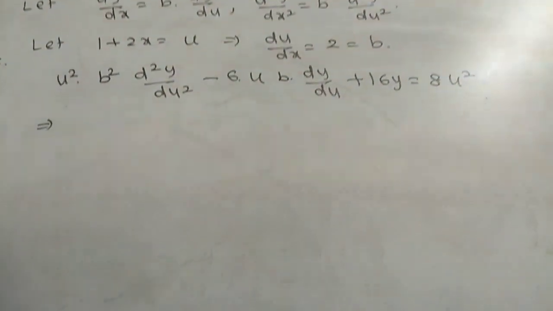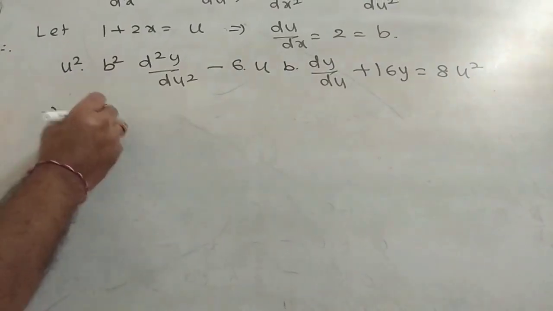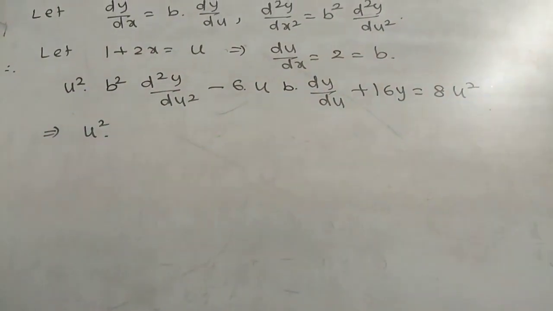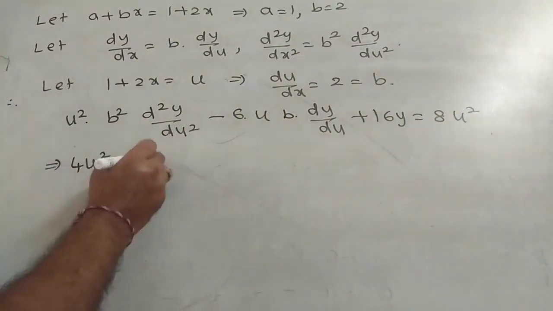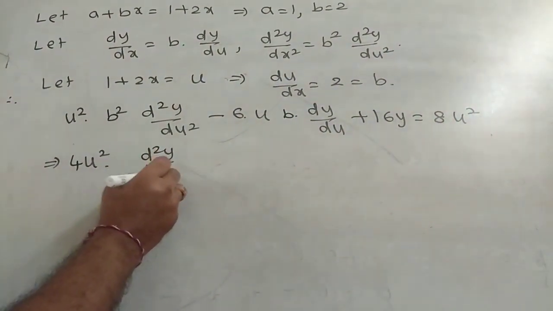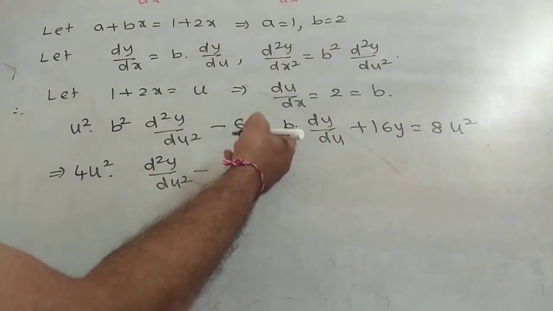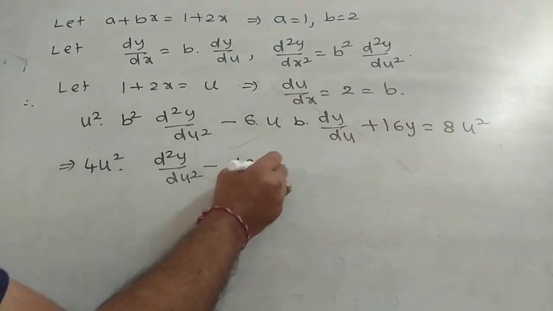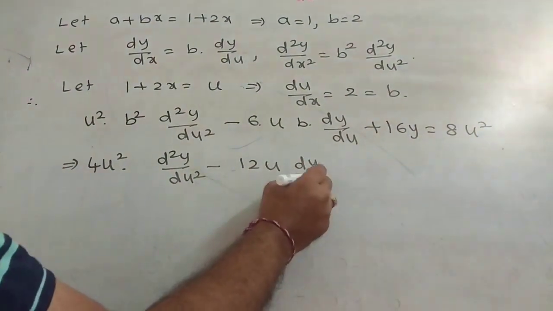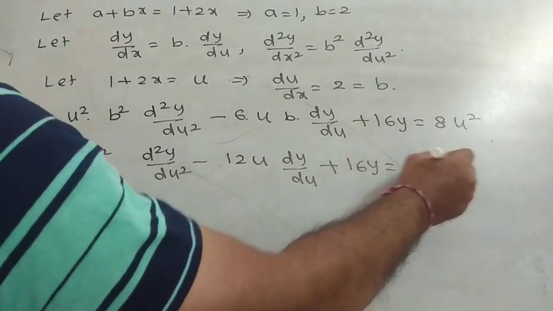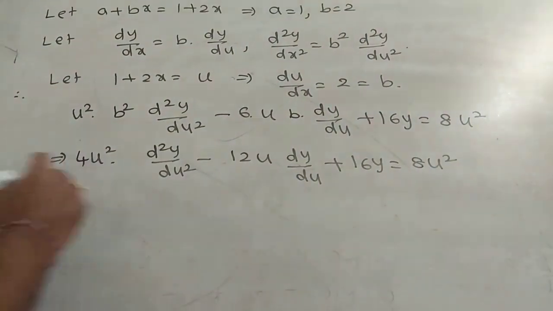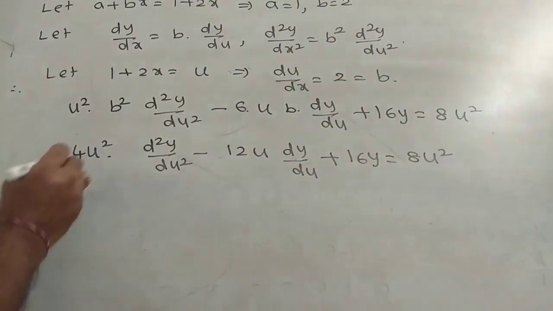Now you substitute the values: u square into b square, where b stands for 2, so that becomes 4u square d square y by du square minus 12u dy by du plus 16y equal to 8u square. Now throughout this equation I am dividing by 4.